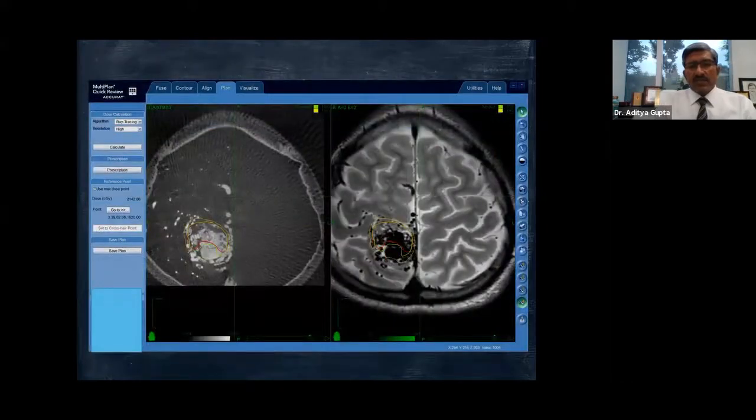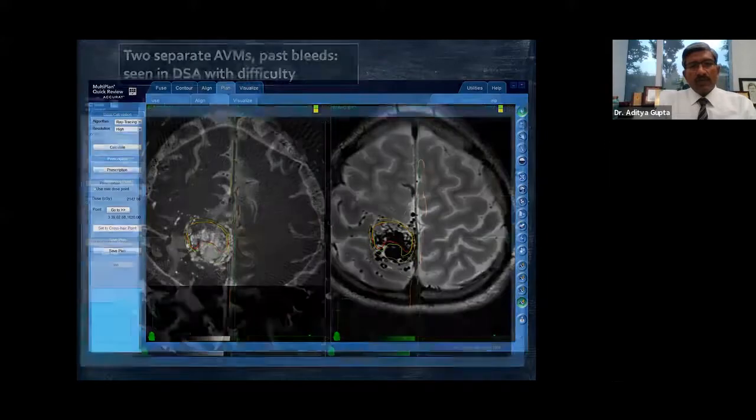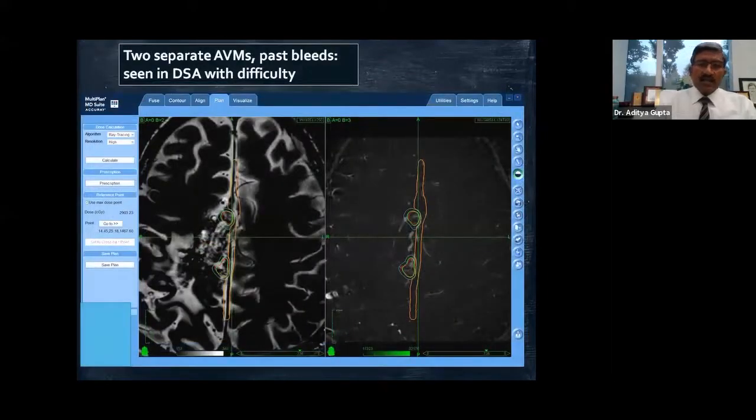And this is another section of the contour showing that the main draining vein has to be excluded to avoid a high risk of complications. This is another case in which there were two separate AVMs, with the area of a previous bleed in between the two parts of the AVM. And using the angio-CT or the vaso-CT, it was very, very useful in landing up with a good contour.